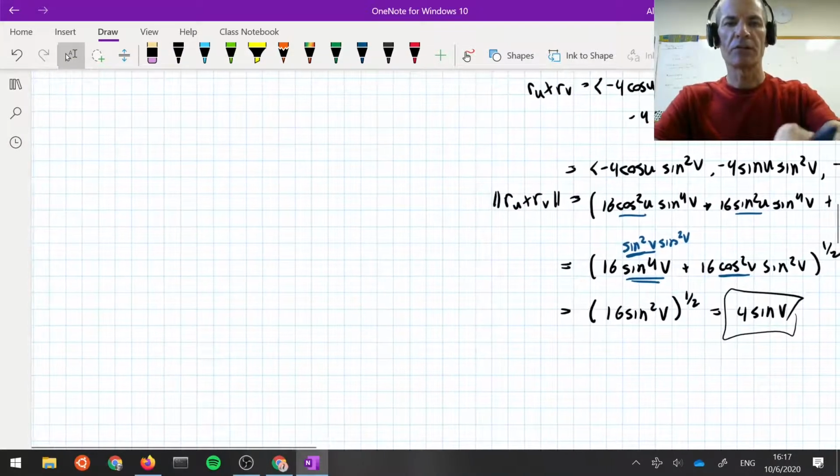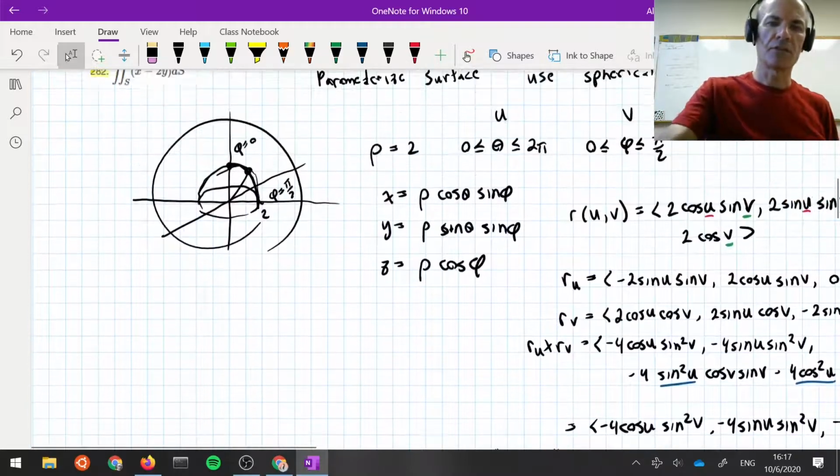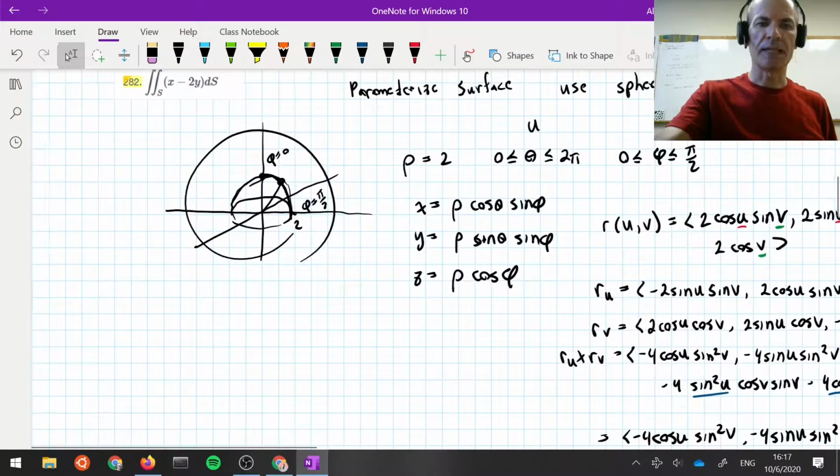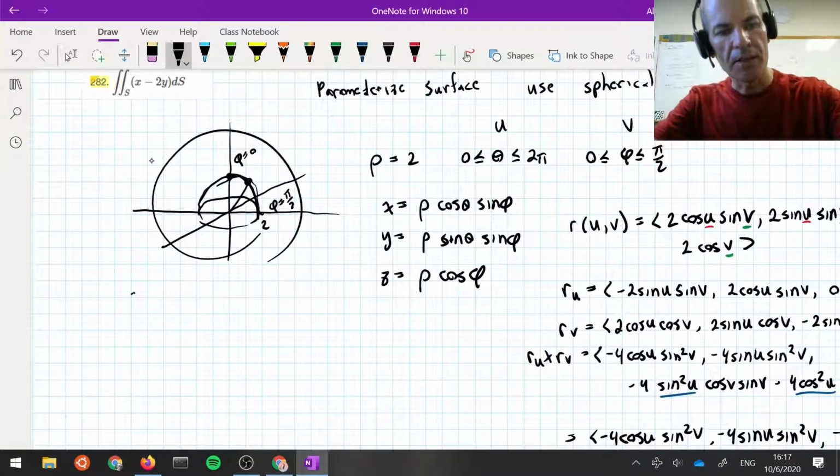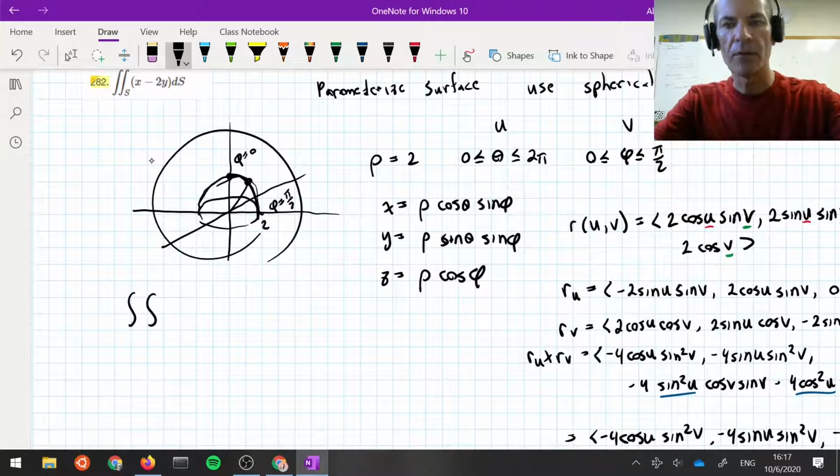Let's go back over to the surface integral now and see if we can't build it out. So the integral is now over the parameter range, 0 to pi over 2 in v, 0 to 2 pi in u.